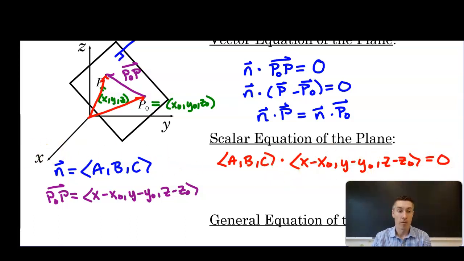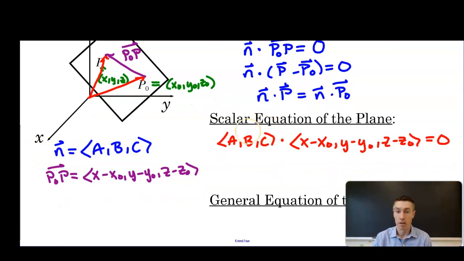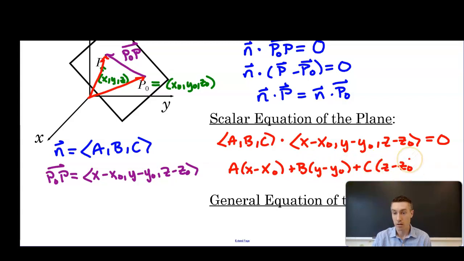Right? They are vectors that are orthogonal to one another. And if we do the dot product out, we have a times x minus x naught plus b times y minus y naught plus c times z minus z naught equals 0. So this is the scalar equation of the plane.